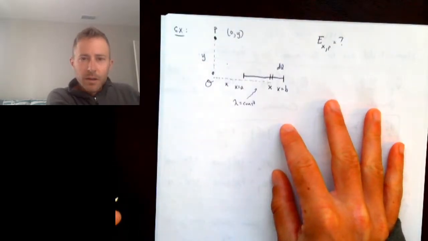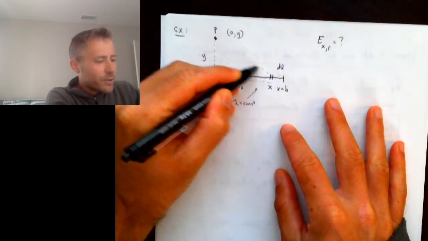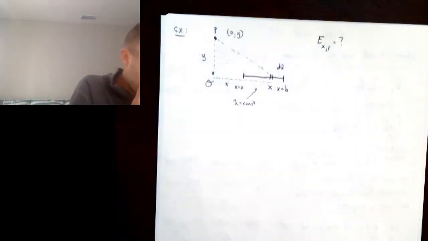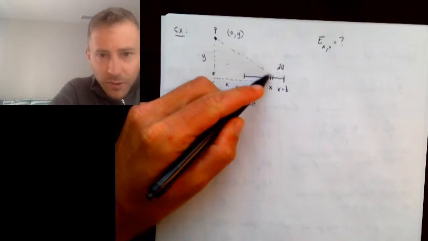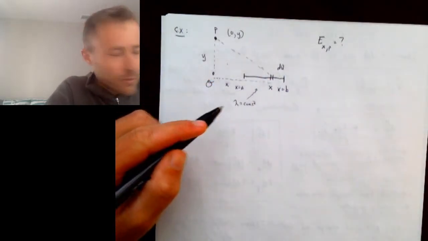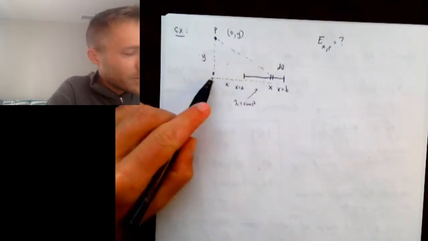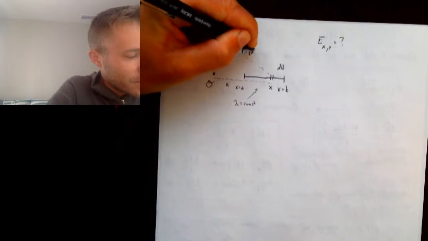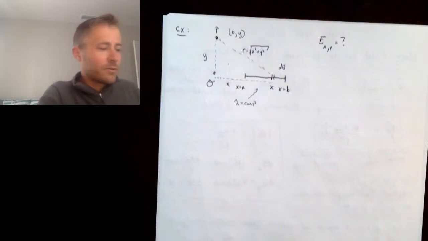So we have to figure out how far this infinitesimal piece of charge is from the point P. And to do that, we would just use the Pythagorean theorem. So I can see that r is going to be equal to the square root of x squared plus y squared. So that's how far away it is.